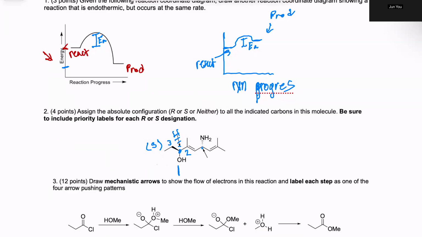Moving on. Looking at this nitrogen, I'll use a different color. This group with the nitrogen. So nitrogen will be 1. Then we'll have this side be 2, and this will be our 3. And we can draw in that hydrogen, and that will be our 4.